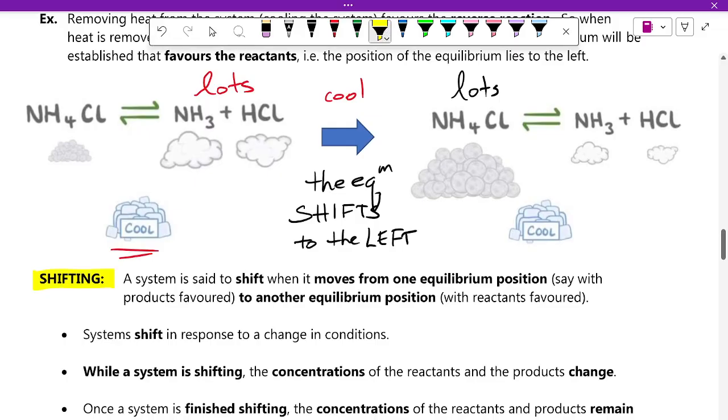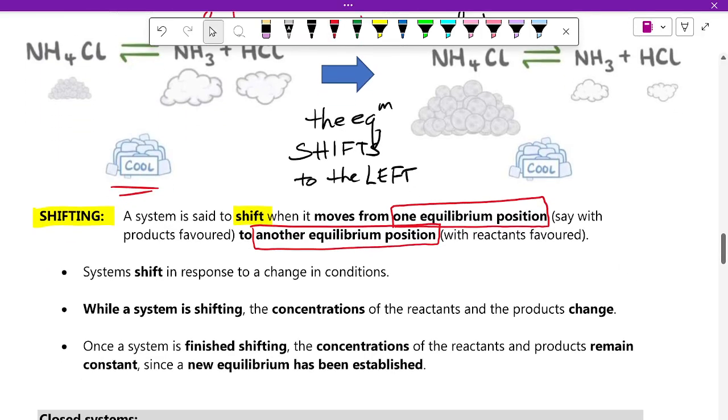Shifting: a system is said to shift when it moves from one equilibrium position to another equilibrium position. Systems shift in response to a change in conditions. What do we call a change in conditions? That is called a stress.